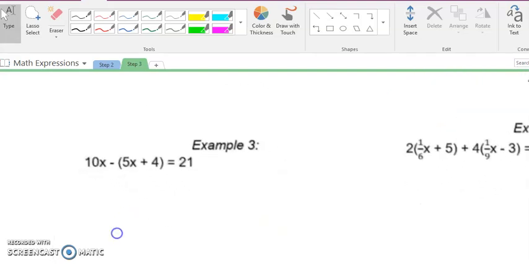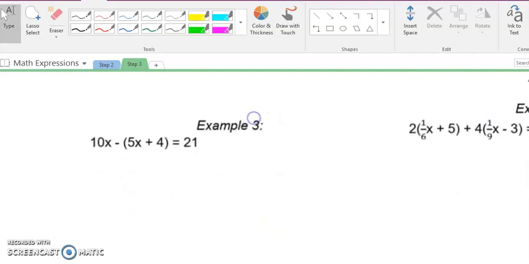Example 3 is really challenging because we have parentheses, but it doesn't look like we need to distribute anything. Many people try to distribute the 10x, but that's not allowed. The 10x is not touching the club door. It's not touching this parentheses. It's just sitting outside here.